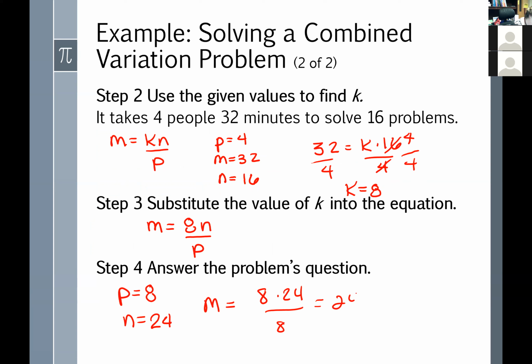Is that 24? All right, so that is combined variation, where 2 of the variables vary directly and 2 of the variables vary inversely.